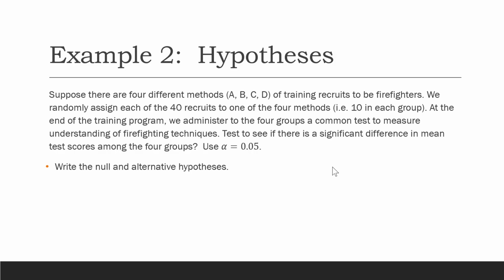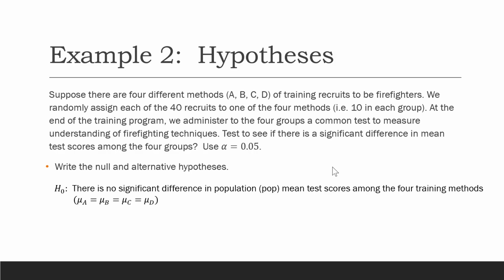There are multiple words that you can use, but in a sense, your null hypothesis is going to be that all of the population means are equal. Your alternative hypothesis is that at least one is not equal, right? I'm just showing you another way that you can write your null and alternative hypothesis here.